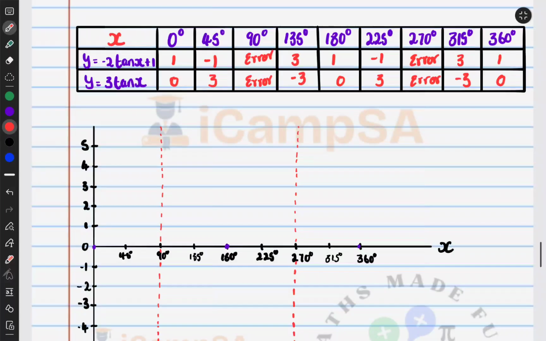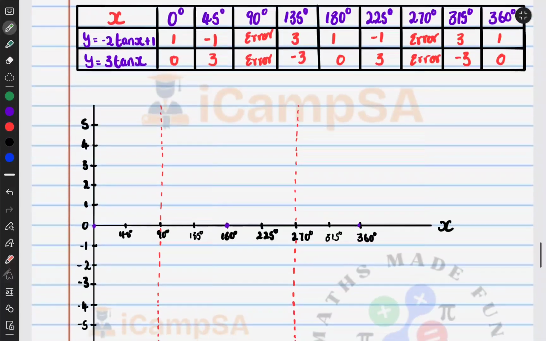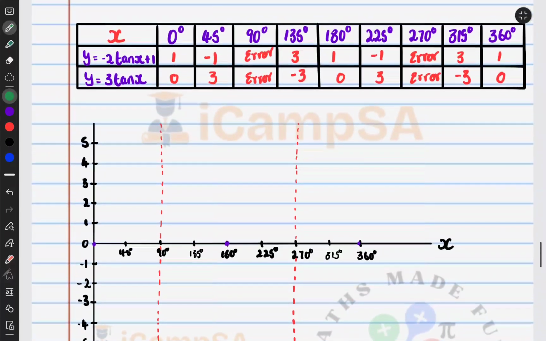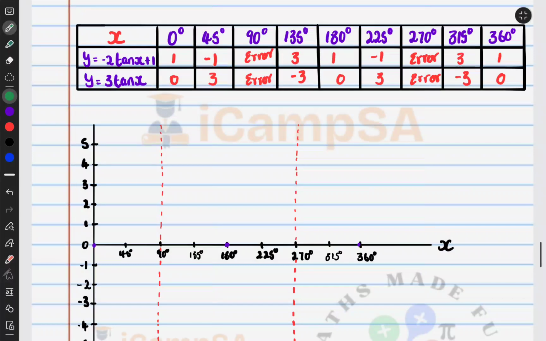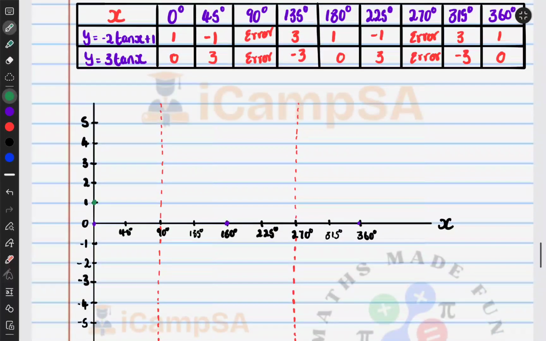Let's start with the first one and plot the points. Where x is 0 degrees, y is 1. At 45, y is negative 1.